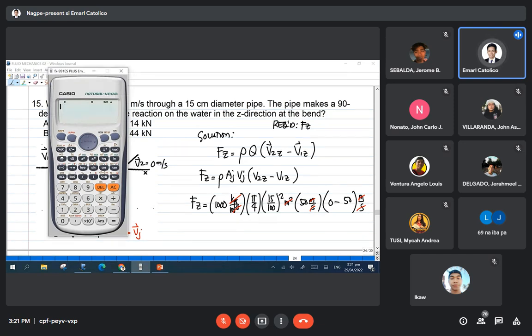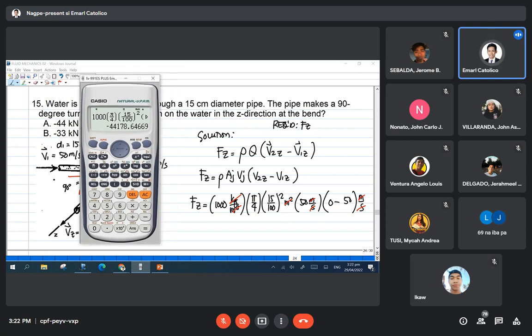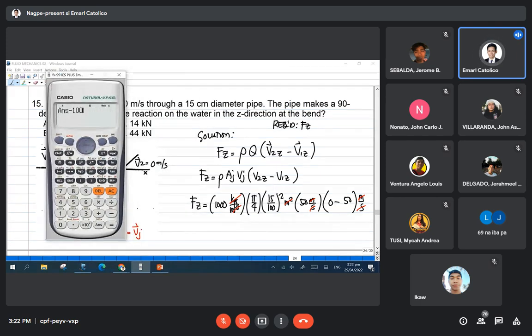So 1,000 pi over 4, 15 over 100 squared, 50 times negative 50. Okay. Then i-divide natin ng 1,000 since choices natin is in terms of kilonewton.